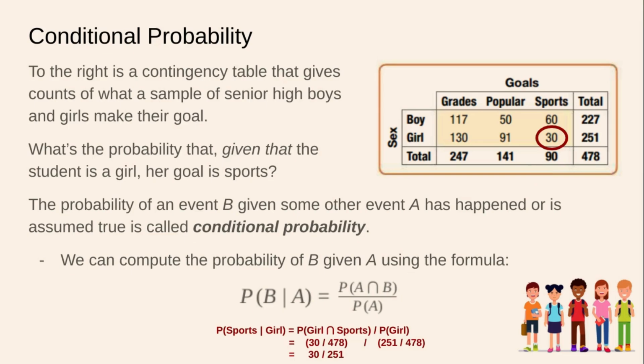So if I consider the number of girls who are interested most in sports, and I divide that by the total number of girls, that gets me my probability. So I am living in the world of the female student, and within that world, within that row, I am considering this cell right here, the intersection of girl and sports.